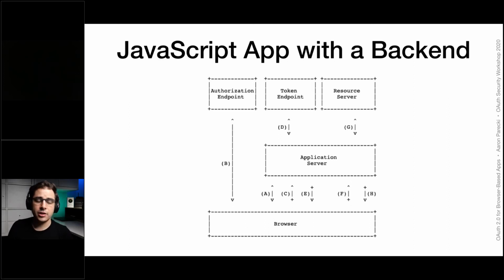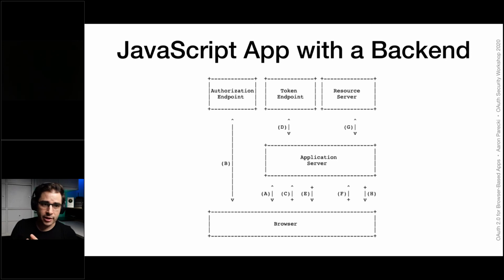So the advantage of this is that you can treat this application server as a confidential client because it is a web server app. And that removes a lot of the concerns of dealing with public clients and dealing with the less secure browser-based execution environment.